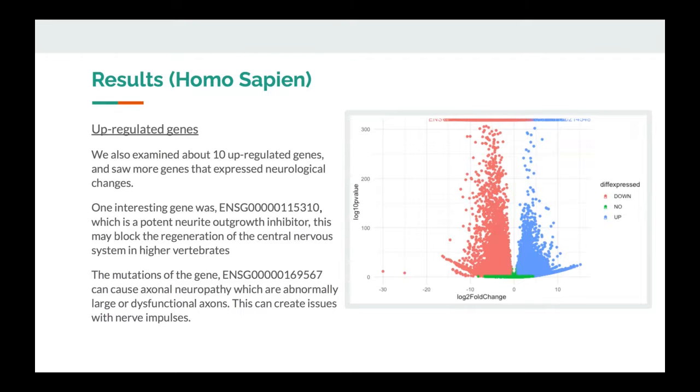And the other one causes axonal neuropathy, which means abnormally large and dysfunctional axons that can cause issues with nerve impulses, which I feel makes a lot of sense with Alzheimer's disease.